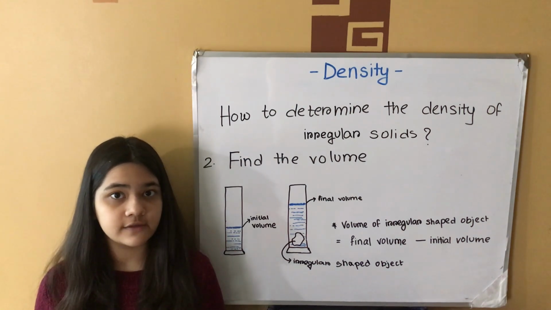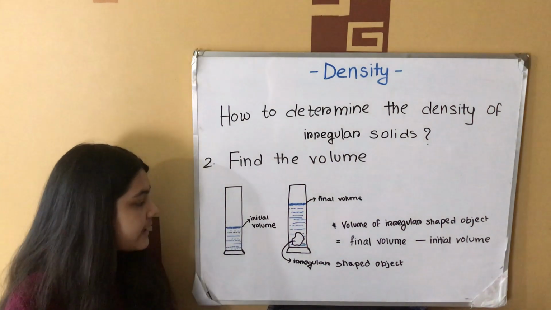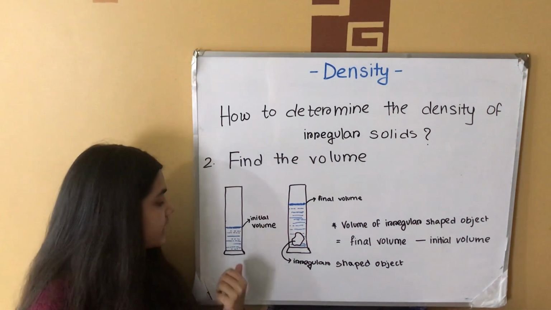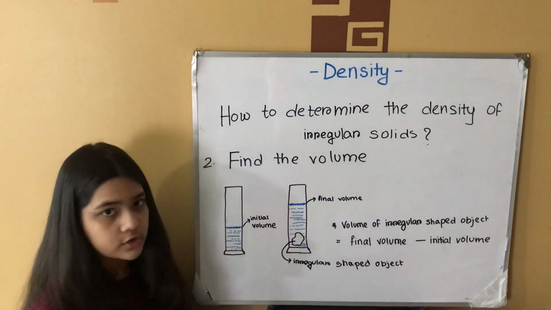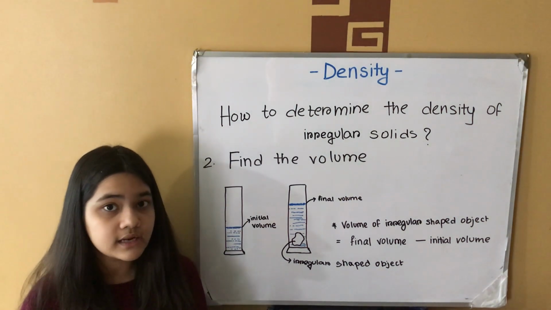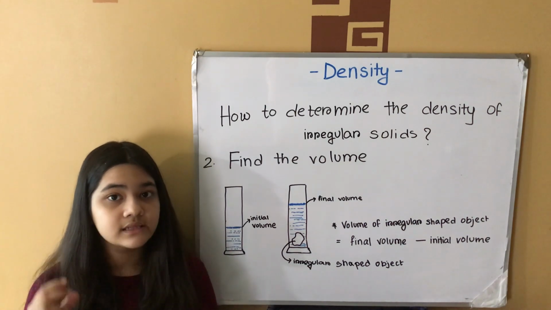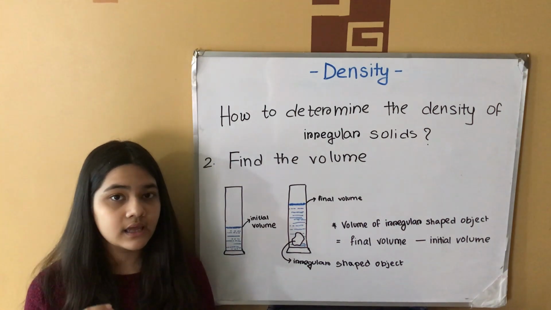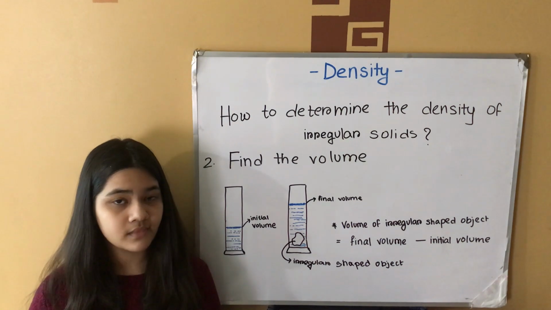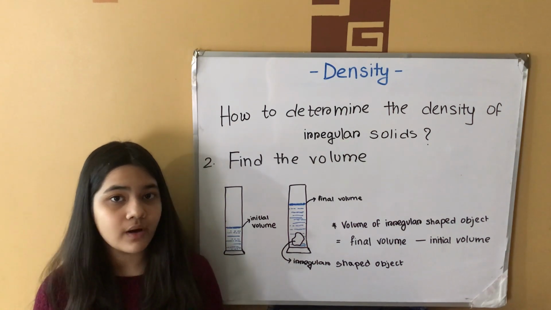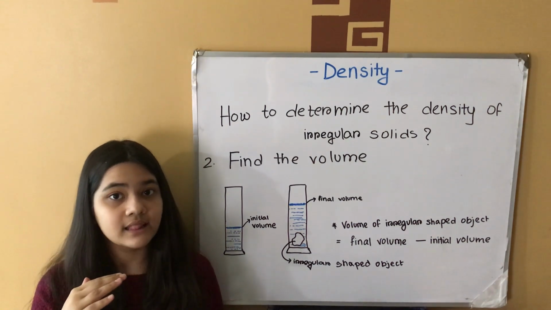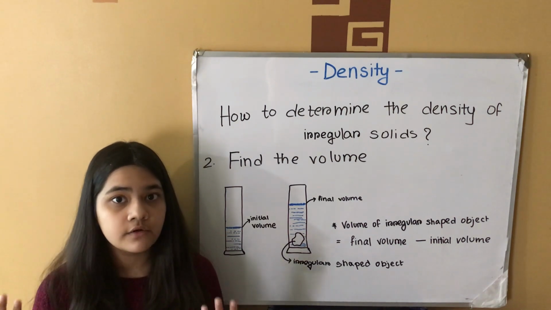So in order to find the volume, firstly we have to half fill a graduated cylinder with water, which will be our initial volume. And then we will add the irregular solid in the graduated cylinder. And as expected, the water level will rise. And this will be our final volume.